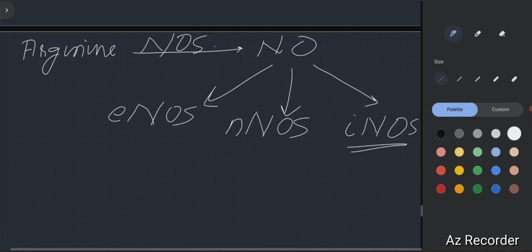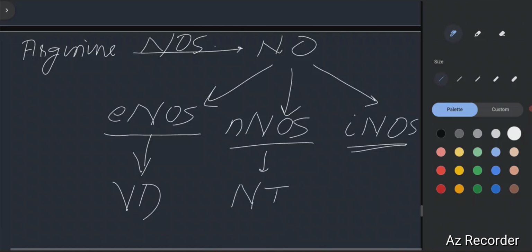So if nitric oxide is formed in your endothelial tissues, it is going to act as a vasodilator. And if you form this nitric oxide in your neurons, it will act as a neurotransmitter. And if you make this nitric oxide inside of your phagocytes, you are actually going to use it to make reactive oxygen species. I hope this concept is clear, because this is very important and you should know this.